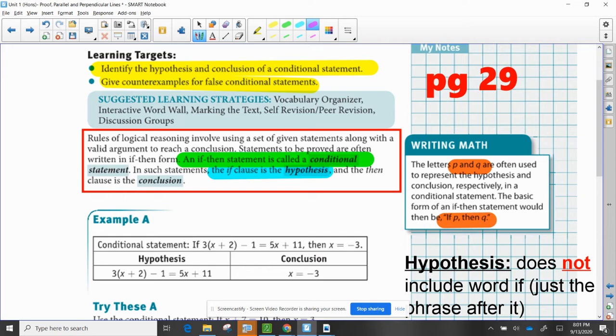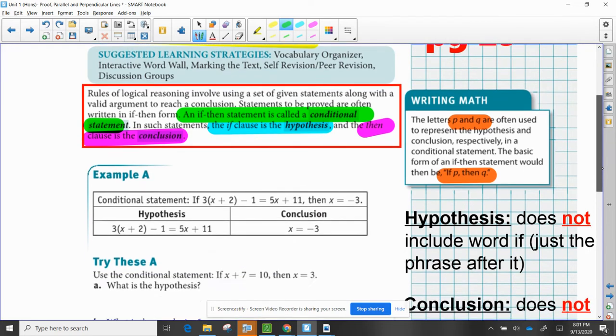So that's our if clause. Our then clause is what we call the conclusion. Okay. We have an if-then statement, which we call a conditional statement. The if is the hypothesis, the then is the conclusion.